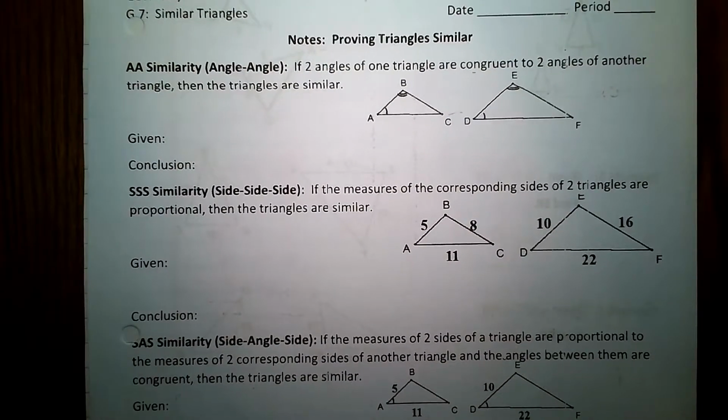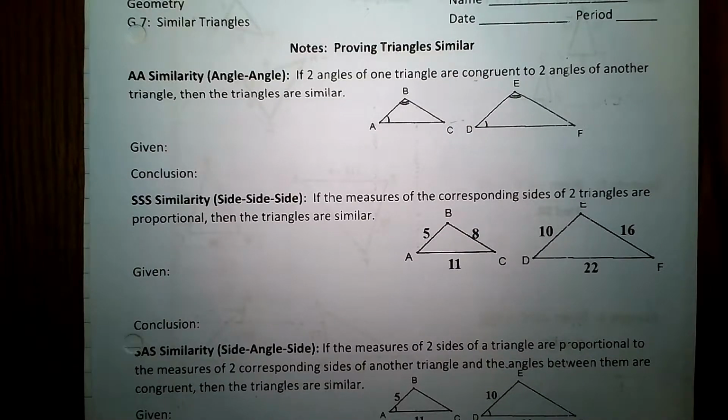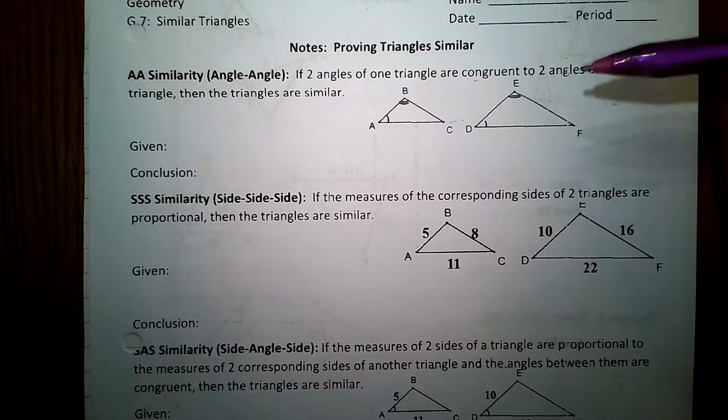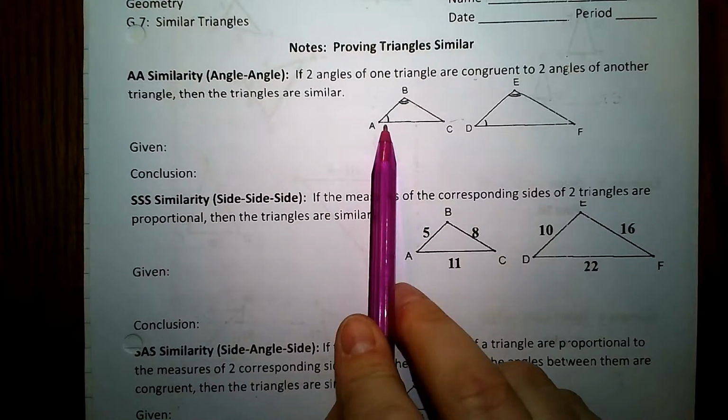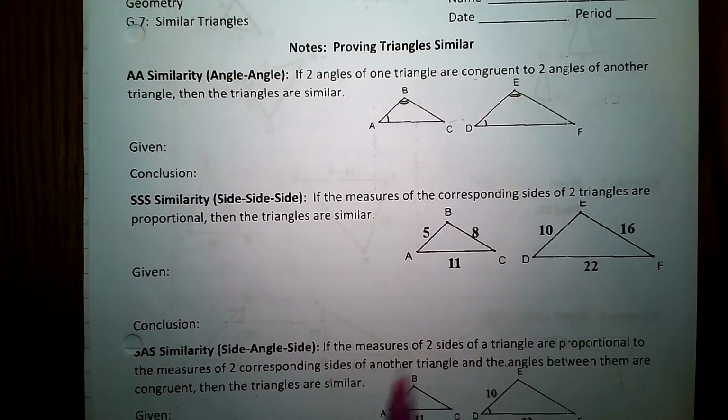Okay, let's first look at the angle-angle similarity. Angle-angle similarity postulate says if 2 angles of one triangle are congruent to 2 angles of another triangle, then those 2 triangles are similar. So all we need to know is that we've been given 2 pairs of congruent angles.